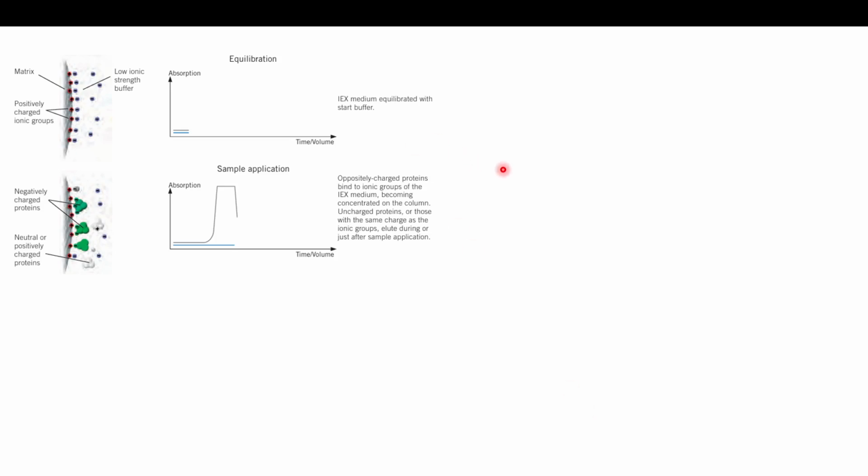Now, this is the general workflow for any kind of chromatography. You should be equilibrating the column. Then you load your sample or lysate. Then you give it a wash to remove any non-specifically bound contaminant or any other protein other than the protein of your interest. Then there can be multiple elution steps or one step elution.